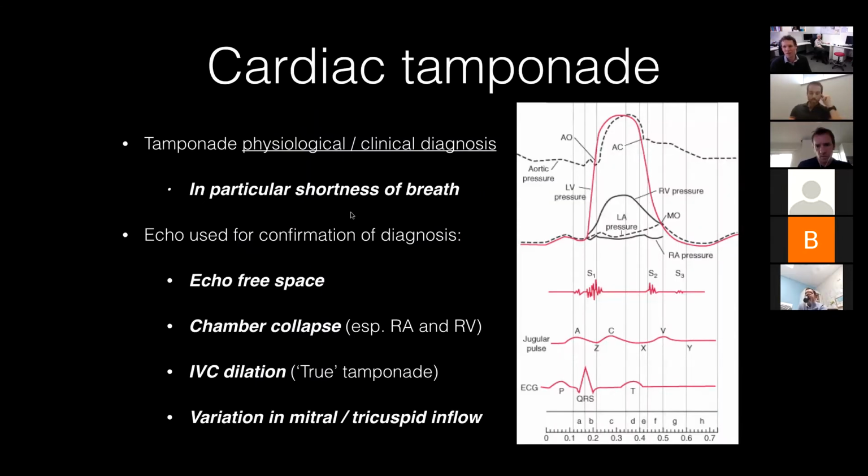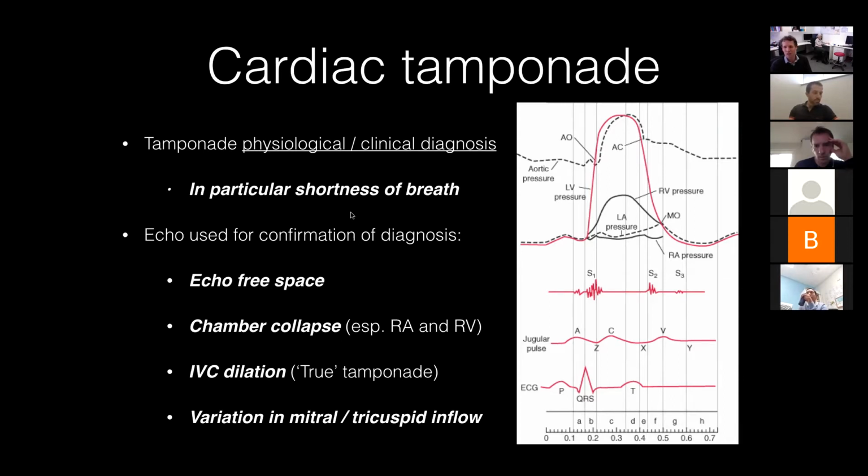So for me, the biggest one I was taught in terms of diagnosing someone with tamponade, we hear all the usual ones: hypotension, distended neck veins, and shortness of breath, worse lying down flat. For me, the big one's always been the shortness of breath. We will talk about the diagnosis with all the things you've just mentioned, with the RV, RA, and LA free wall collapse.